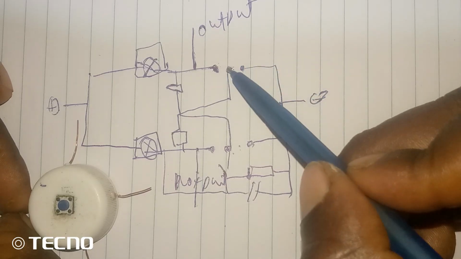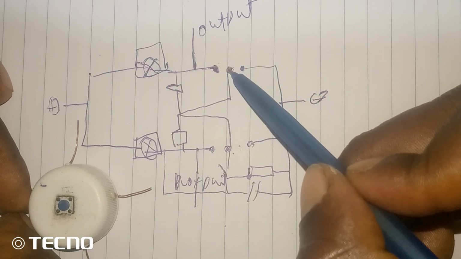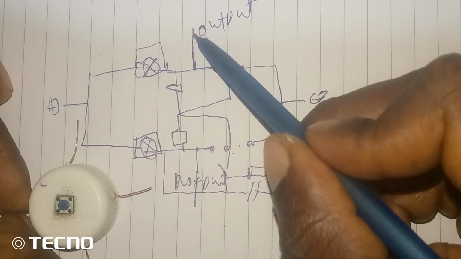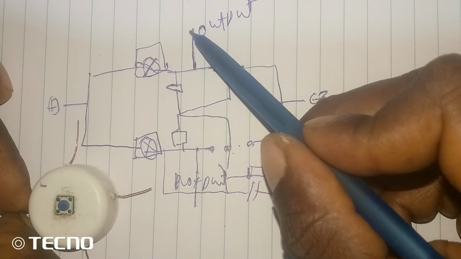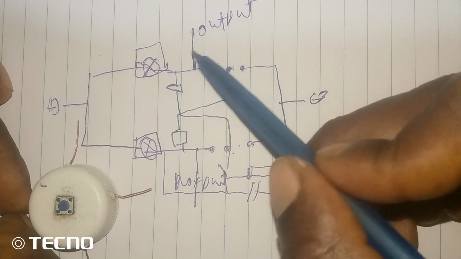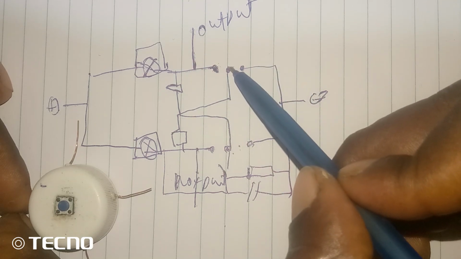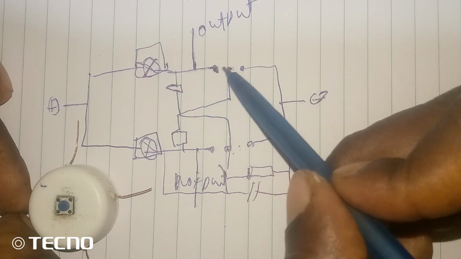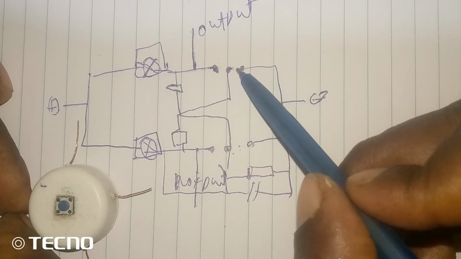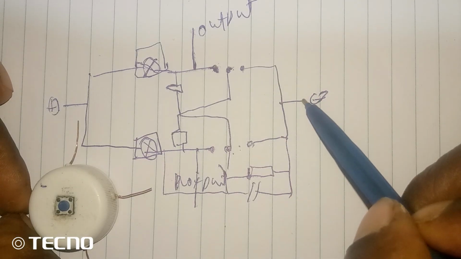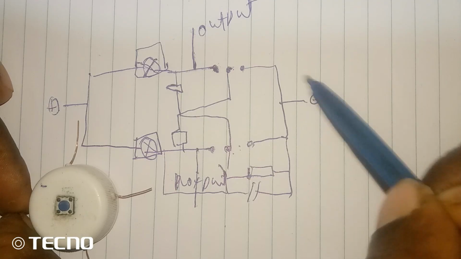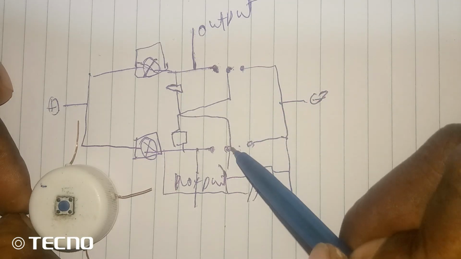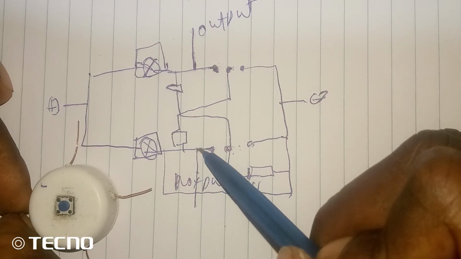But if this transistor is switched on, you will find out that the output voltage that is supposed to be here will actually disappear because this transistor is on. This voltage will now start to move through this red transistor to the ground. Now if this transistor is on, this will be off, thereby blocking the voltage that is here.